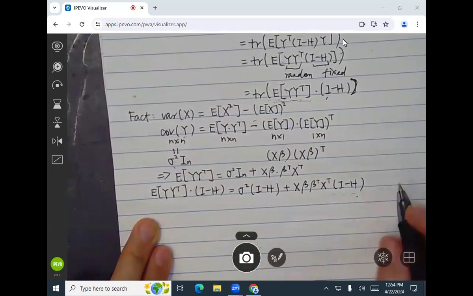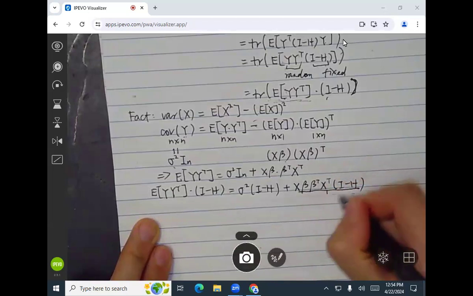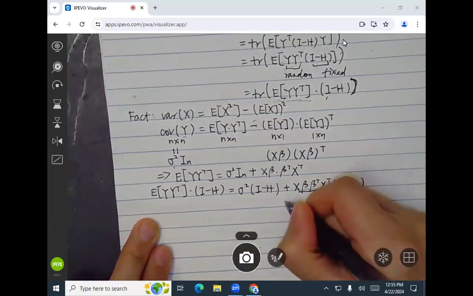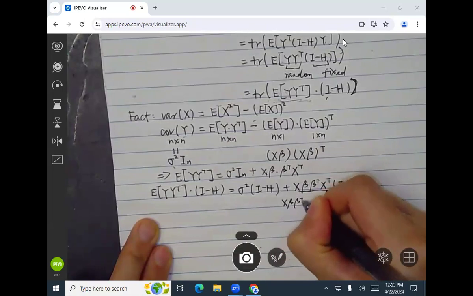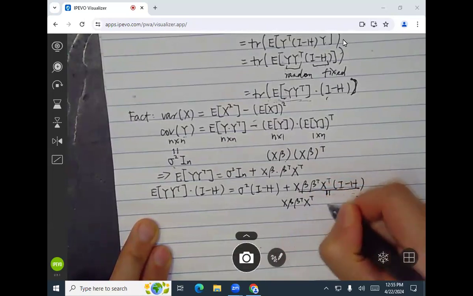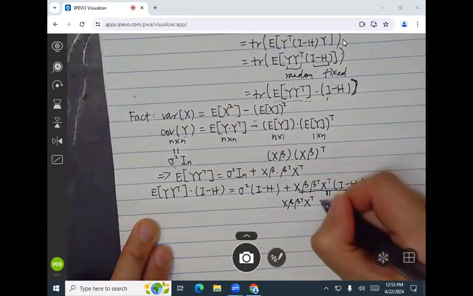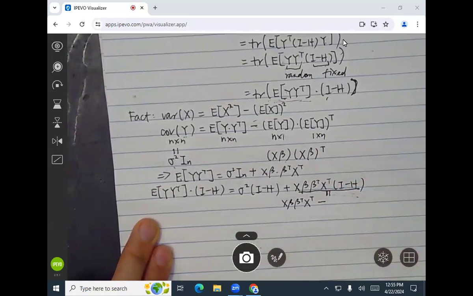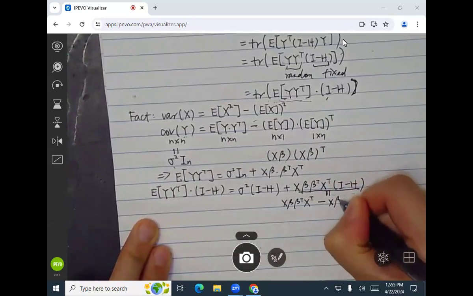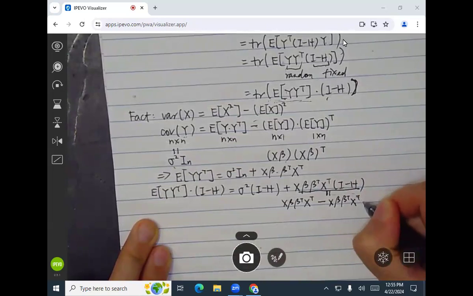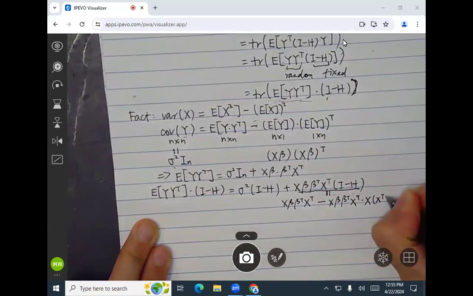The reason is because for the second term over here, it's equal to X beta beta transpose X transpose I, which is the first term, so I don't need to keep the I. But for the H, let me expand it: X beta beta transpose X transpose. Recall, what's H? H is X times X transpose X inverse X transpose.